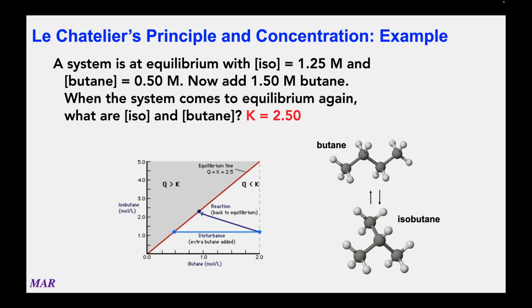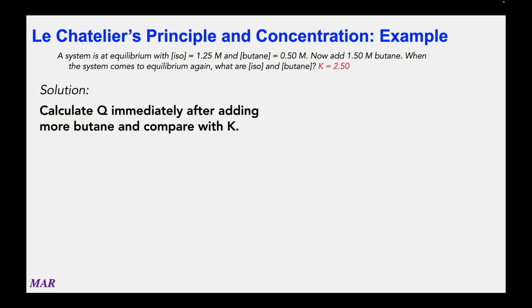This is a problem where you could absolutely calculate Q first to see if by any chance, after adding the extra 1.50 molar butane, you are really at equilibrium or not. And of course, you'd find out you aren't. But anyway, that will allow you to make a prediction as to the direction of the shift you're going to have to make to get the reaction back to equilibrium, because that 2.50 number has to be followed at this temperature, no question. So let's calculate Q.